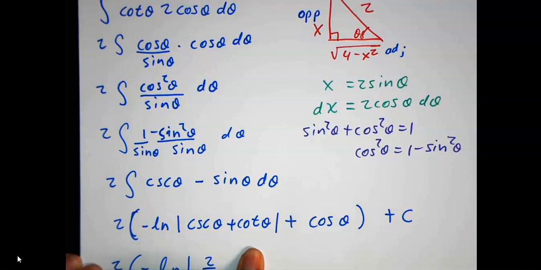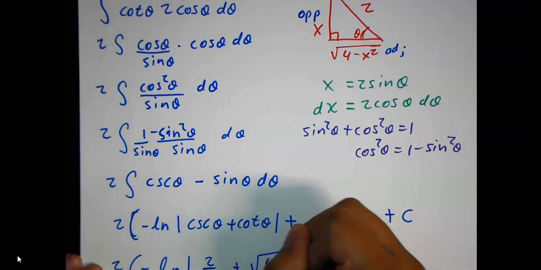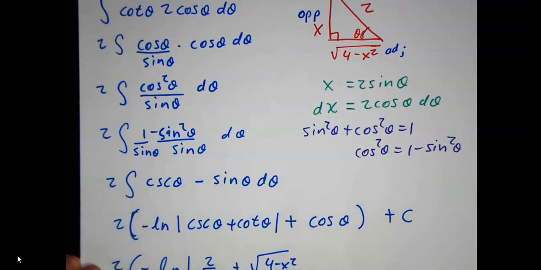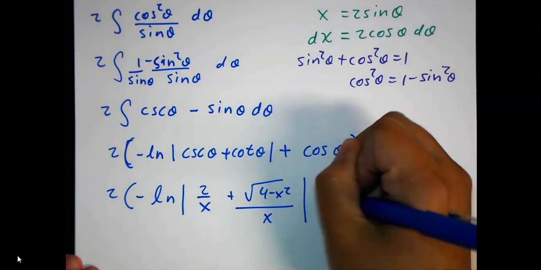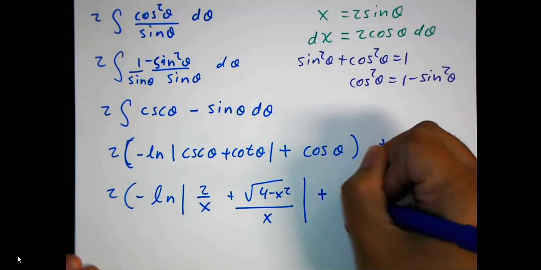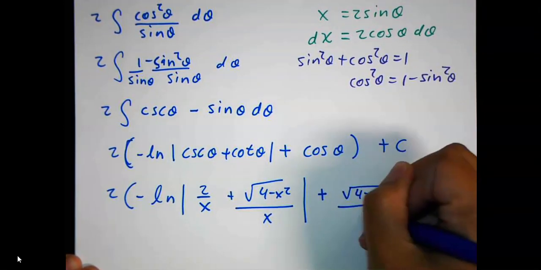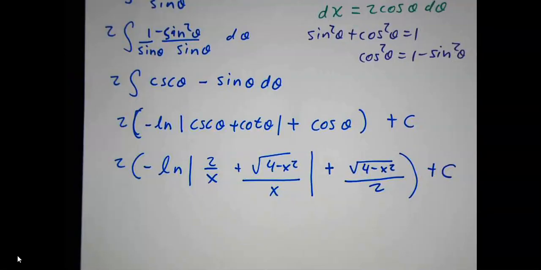Cotangent will be adjacent over opposite. I'll show you right now, right there. Cosine is adjacent over hypotenuse. And that's my final answer.